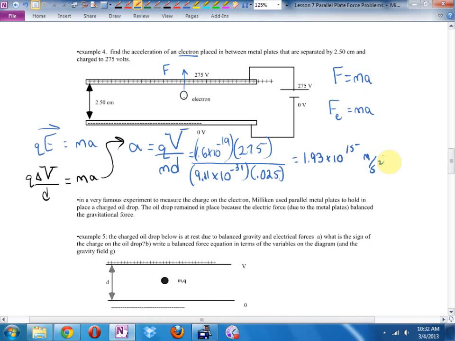If it was traveling for a total of 1 second, sure. But how far is it traveling, Chase? How far exactly is it traveling? 2.5 centimeters. You can actually crunch the numbers if you want to work out how long that's going to take. It's like traveling for a billionth of a second.